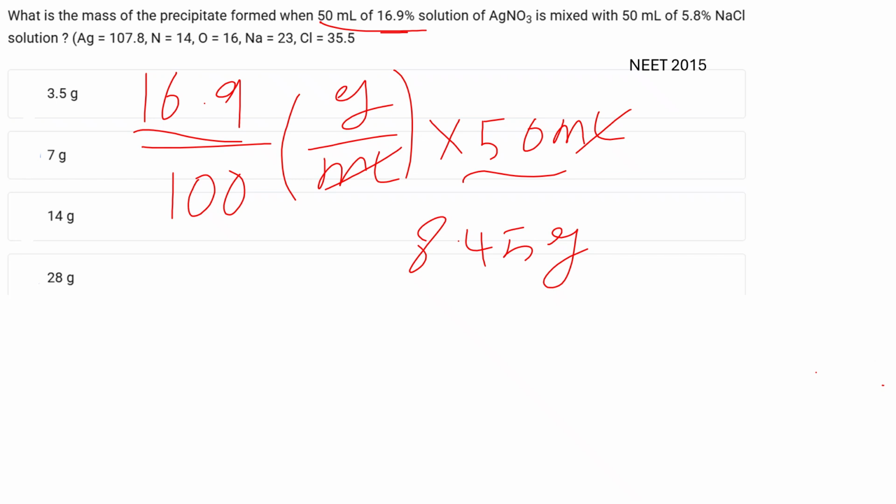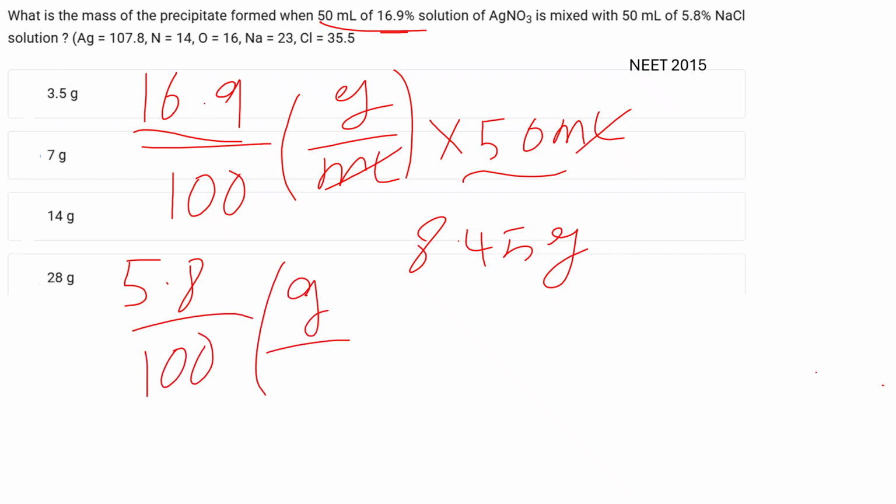5.8%, so 5.8 divided by 100 in the unit of gram per ml, times 50 ml. The ml gets cancelled. The answer will be 5.8 divided by 100 multiplied by 50.